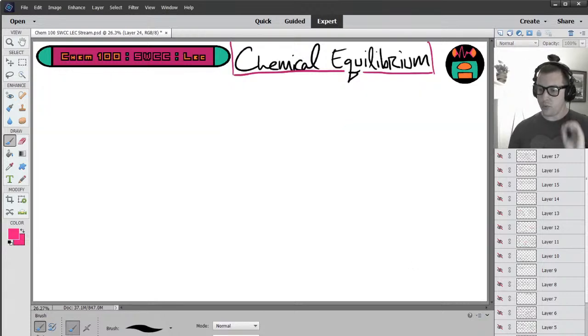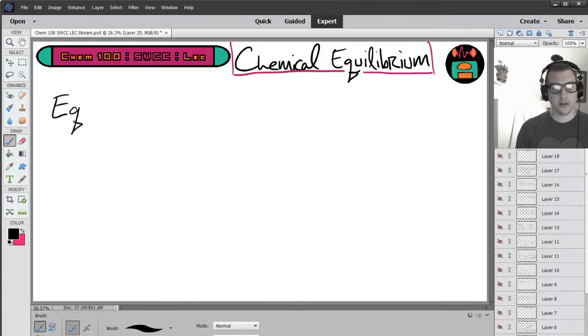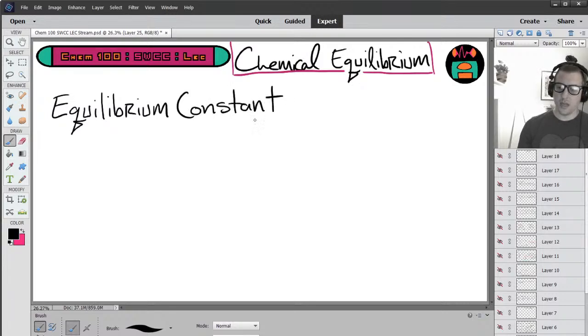Now, probably the most important feature of any chemical equilibrium, the thing that gives you the most useful piece of information, is something called the equilibrium constant. Every equilibrium has one.